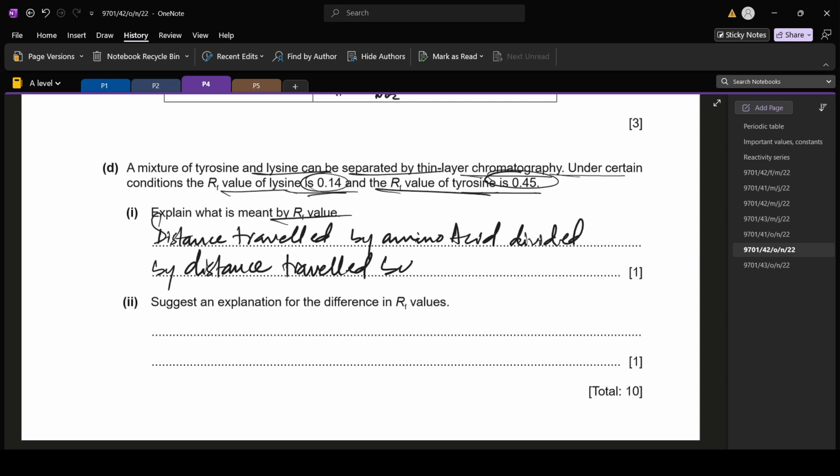Okay, distance traveled by solvent. It's actually the formula for the RF value. Okay, so just an explanation for the difference in the RF values.